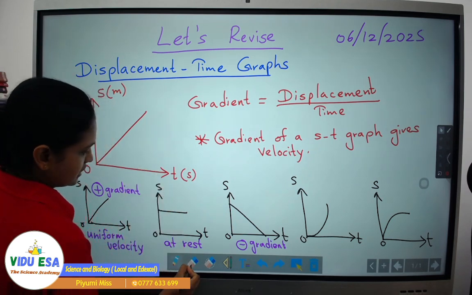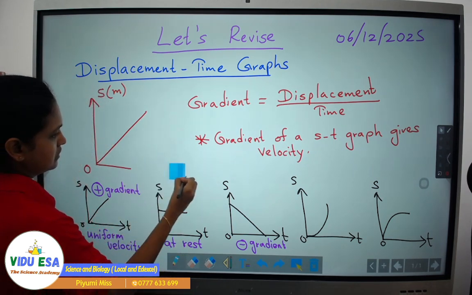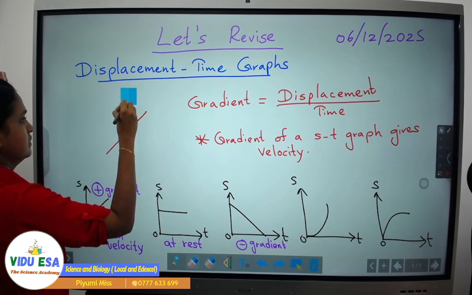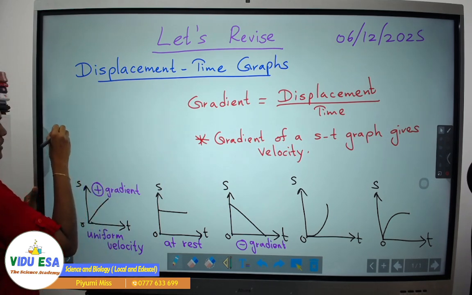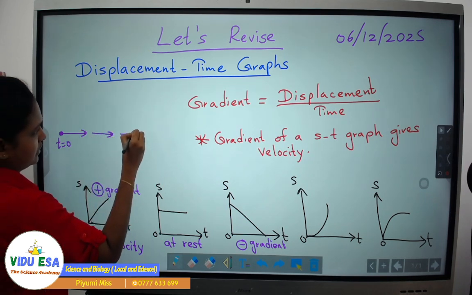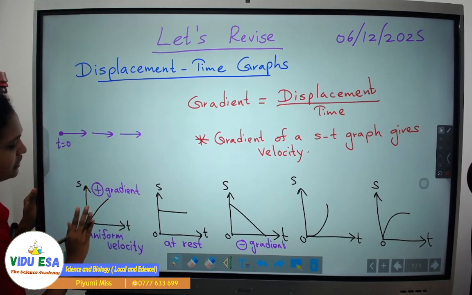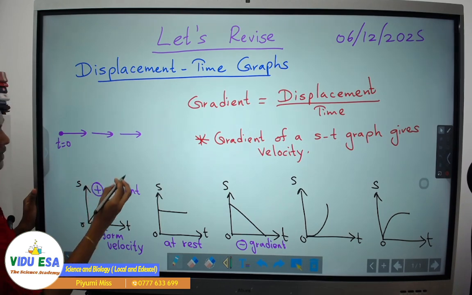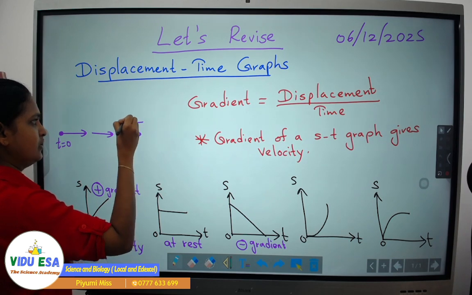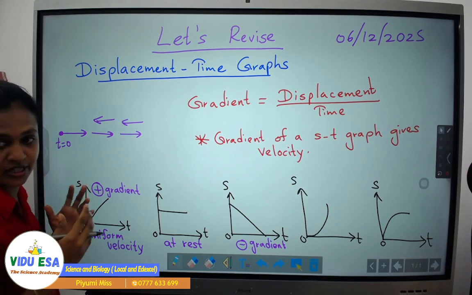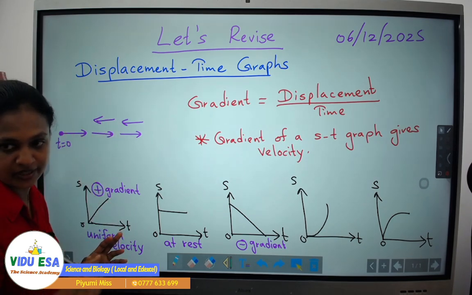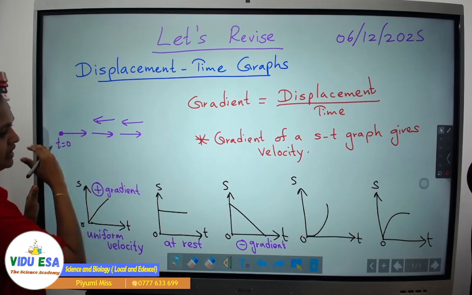Now it starts the journey from here. This is the starting point. T equals 0. Right? It travels like this, in a uniform velocity. When it is traveling in a uniform velocity towards the opposite direction, we are measuring the displacement from the starting point. Right? The displacement reduces.